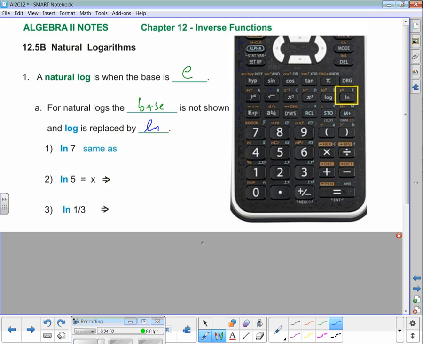Why ln? People don't really know. One guy that started out using logs only used the L. And so some think that somebody else along the way said, hey, let's put the N with it for natural log, even though the L is first, because they use the L for logarithm.